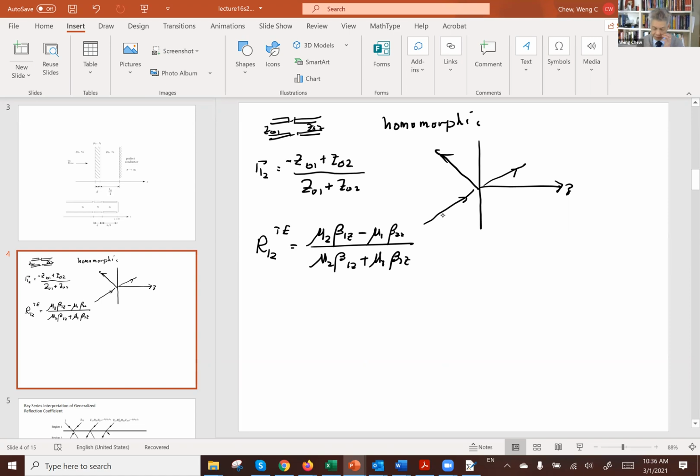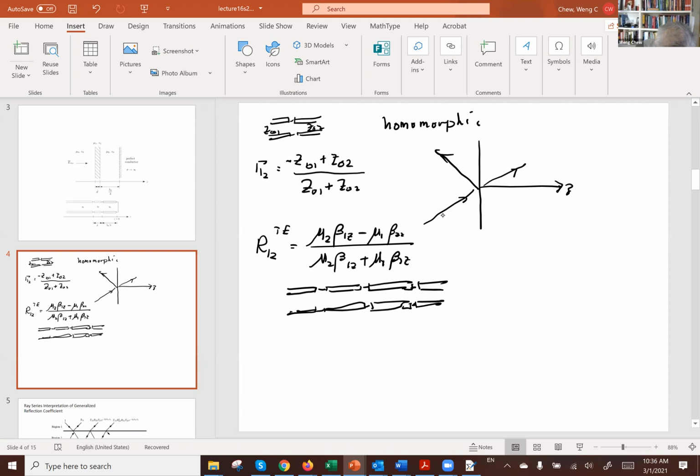If you know the single interface reflection coefficient, as we have seen in transmission line theory, you can actually write down the reflection coefficient for, say, a multi-section transmission line. You can have as many sections as you like. You can even put a section here if you want.